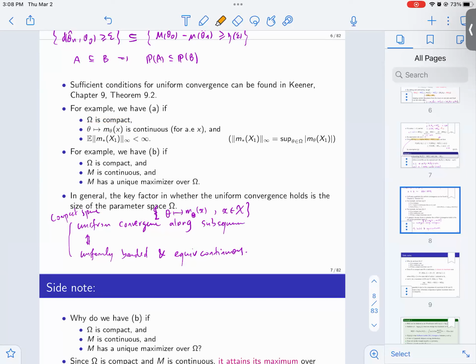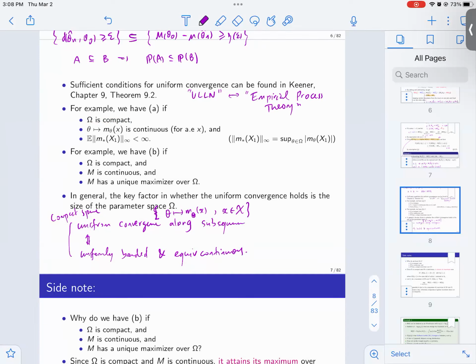The reason I'm not going to talk about this is because it's a huge topic. The results that give you these conditions are called uniform laws of large numbers. Another term you can search is empirical process theory, and this could be the topic of an entire course.